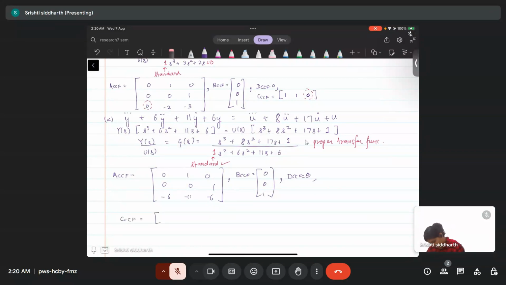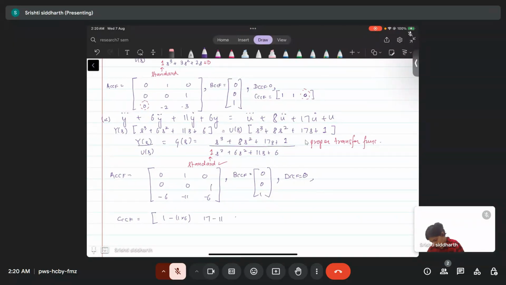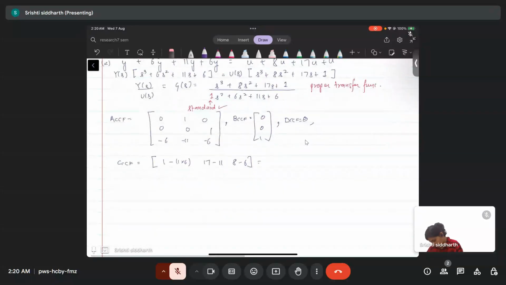It's going to be 1 minus 1 into 6, then 17 minus 11, and 8 minus 7. So we have -5, 6 and 2. So you can see that a proper transfer function affects what the C vector is going to be.